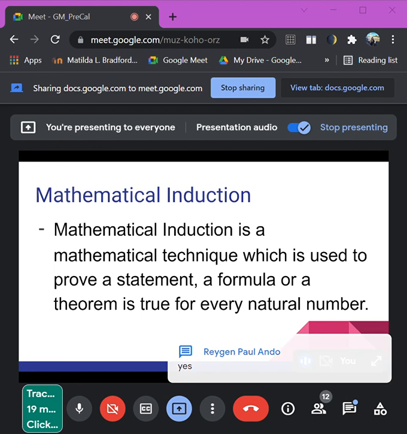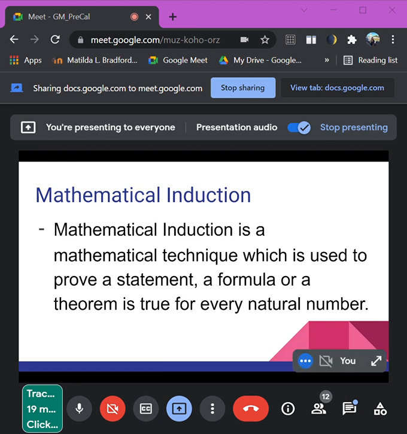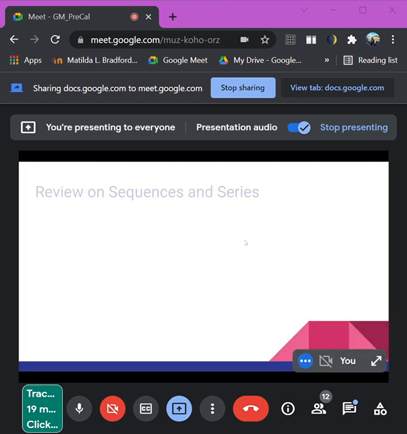So that's why we can use this one to prove if those formulas are true or sakto ba siya when we apply it, for example, to get a number. So we are going to look for that one. And now we are going to have a review on sequences and series.